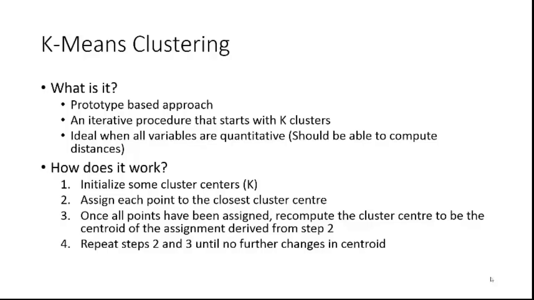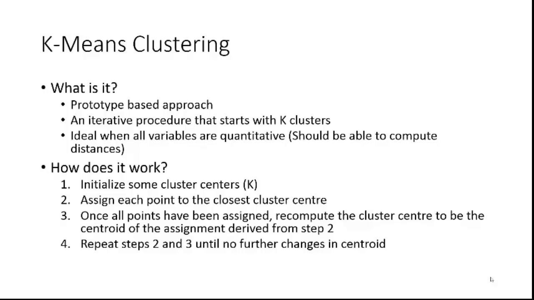So it's essentially this prototype based approach where you create K clusters, and it's also noteworthy that it's an iterative procedure. Even right at the end of the first iteration you already have K clusters, and they might not be good clusters because it's just the first iteration.